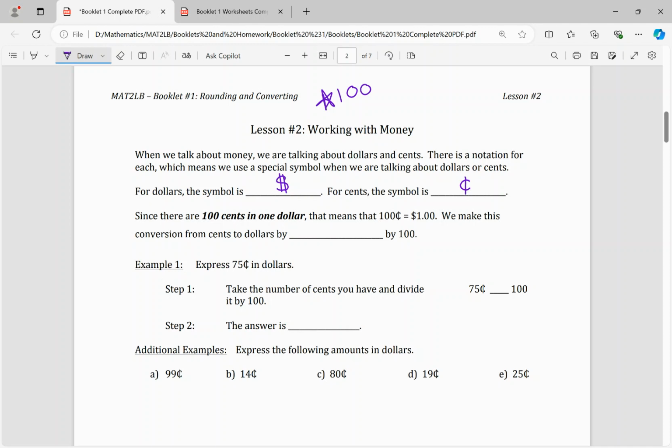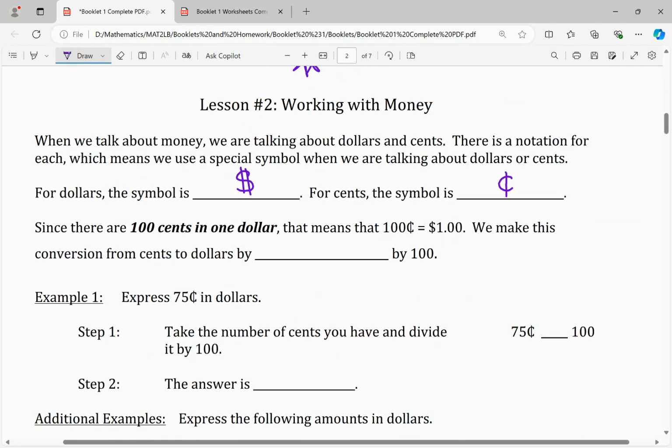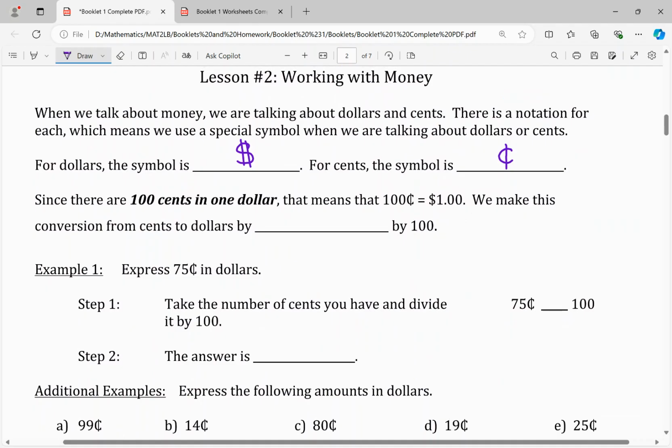Now, since there are 100 cents in a dollar, that means that you can write this: 100 cents equals $1. Please note that the cents symbol comes after the number if we're talking about cents, but the dollar symbol comes before the number if we're talking about dollars.